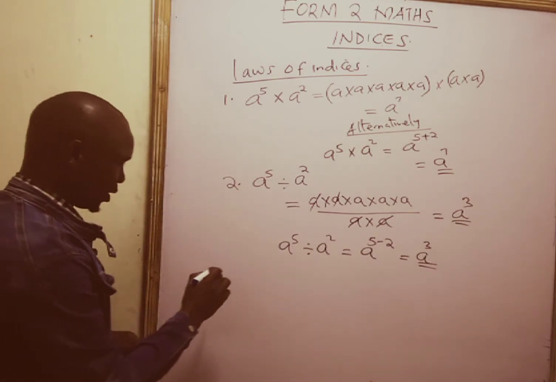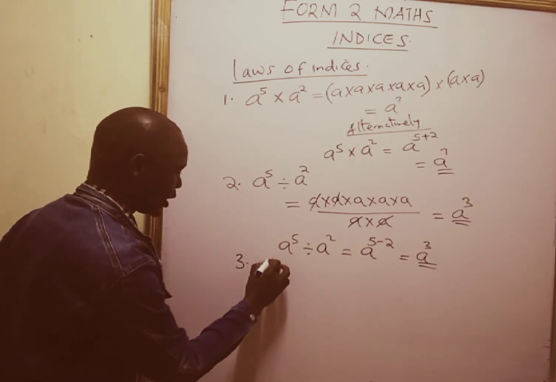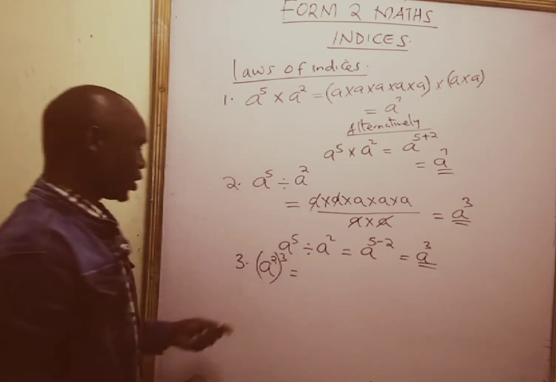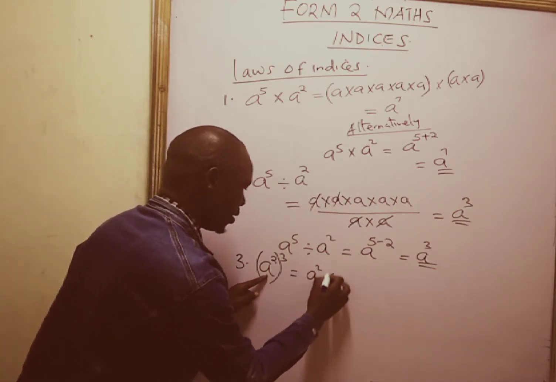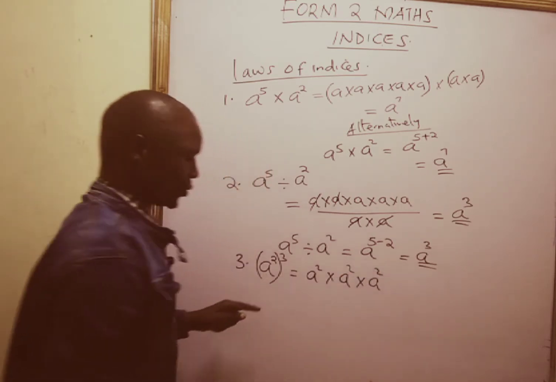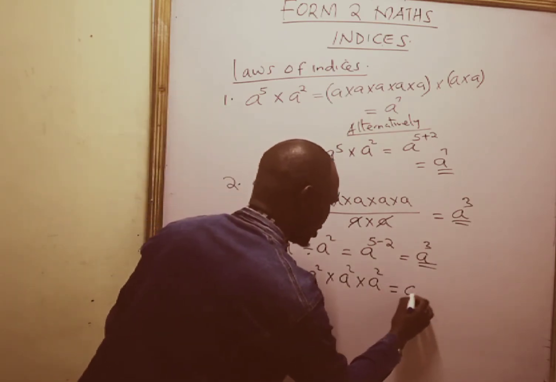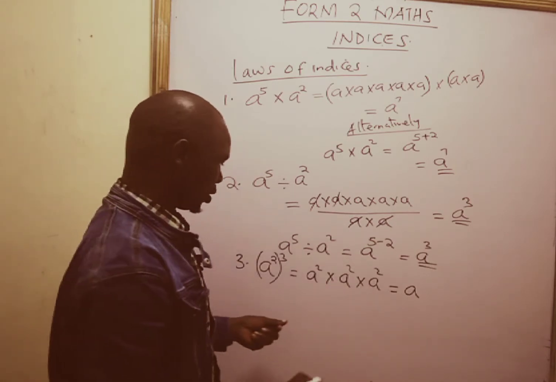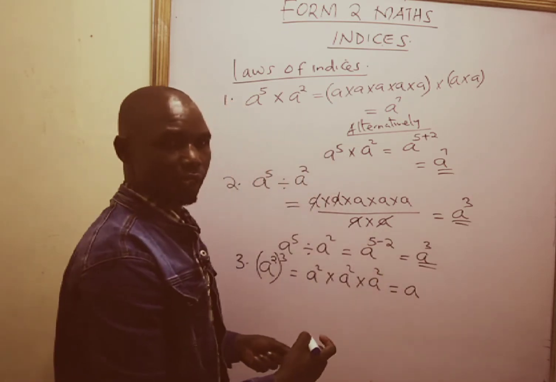Rule number 3, if we have a, for example, power 2 raised to power 3, this means we are going to have a squared multiplied by a squared multiplied by a squared, and this translates to we have the common base, which is a, and the sign between the bases is a multiplication, meaning we are going to take the common base, then of course we add the powers.